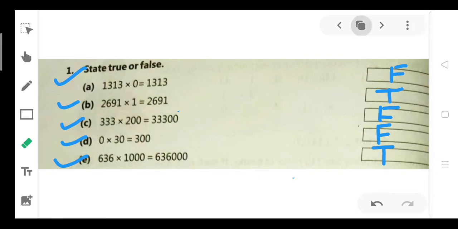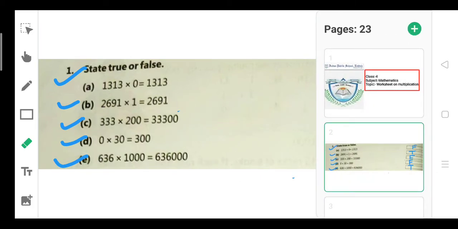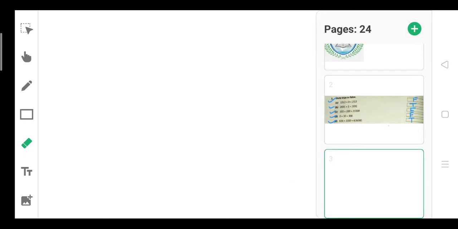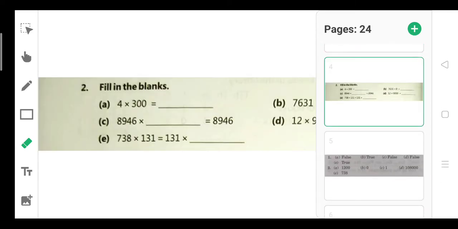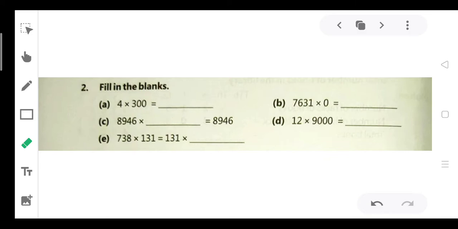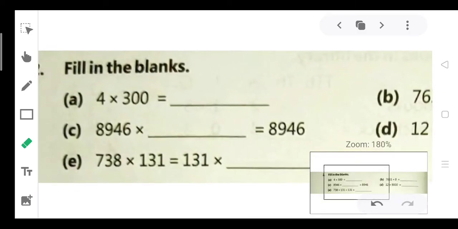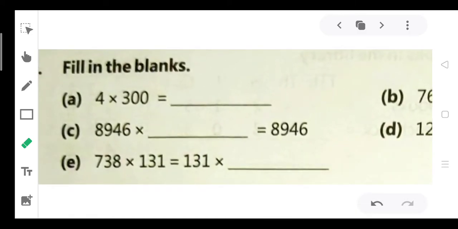Now question number 2. Here is question number 2 in front of you. A part, 4 we are going to multiply by 300. What will be the answer?